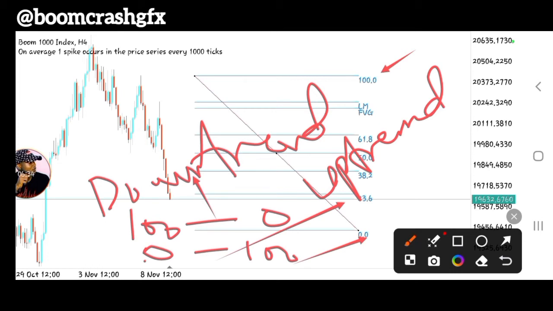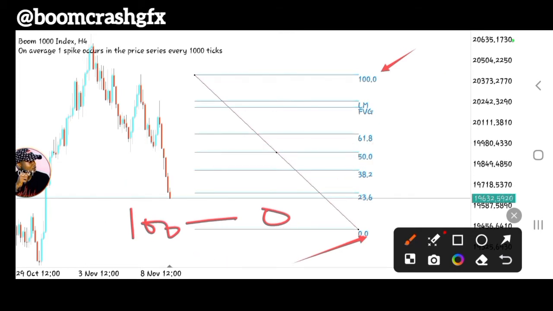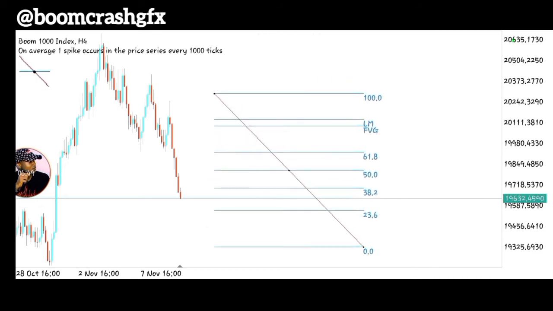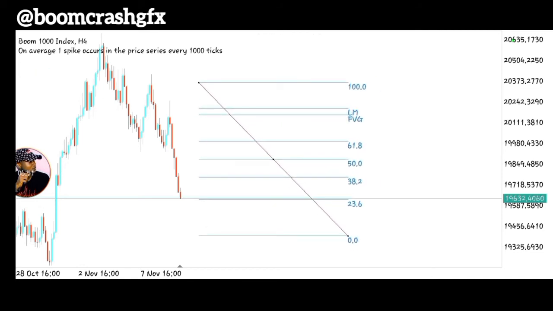I believe that is clear. So like I was saying, we have our Fibonacci drawn. Now we are targeting to trade a downtrend movement.